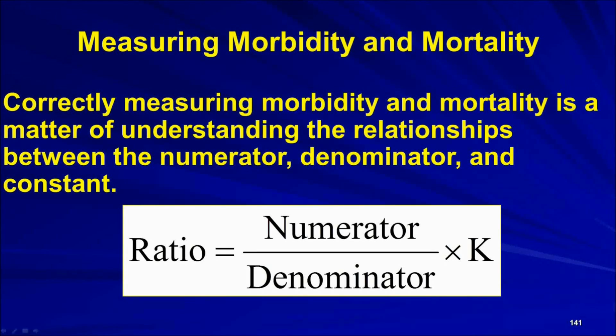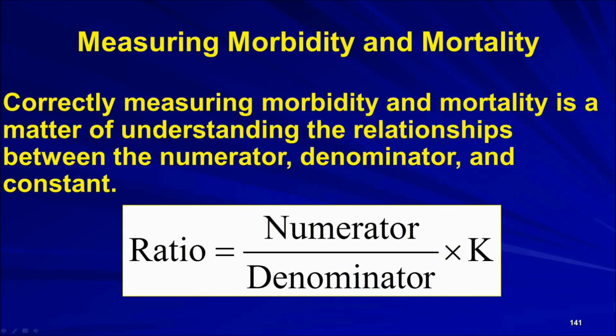The problems that we are going to focus on are usually in this format, where we have a numerator, a denominator, times a constant. And the formula is incomplete if it doesn't have a constant.